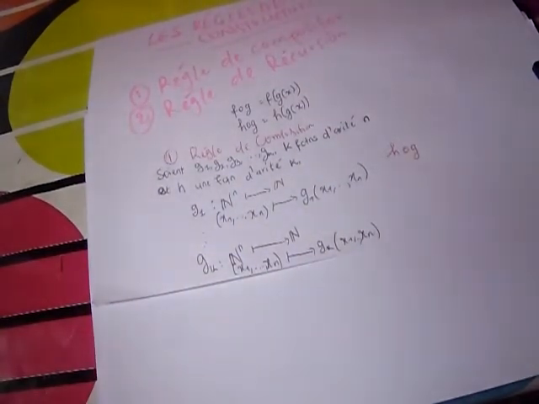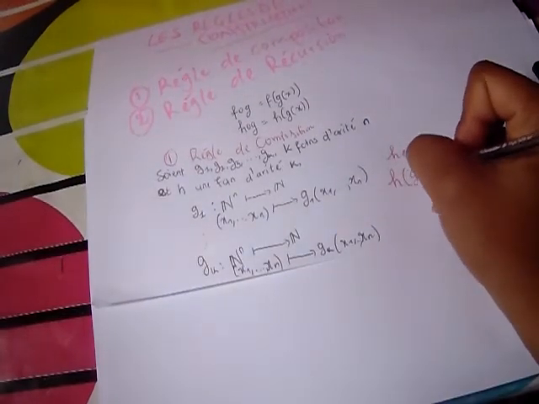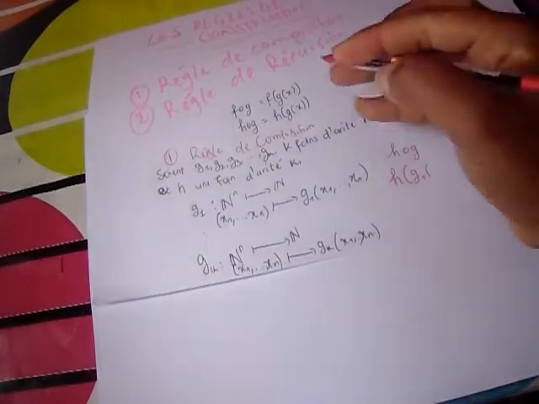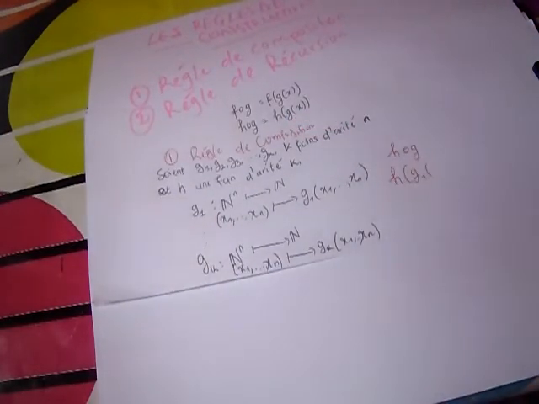So if we have h rond g, we know it's the same thing as h rond g1, like we did here. So h rond g of x, you see. But in this case, we're having k fonctions g1, g2 jusqu'à gk, and we have one or more variables. We don't know how many variables, so we're trying to make a general definition of it.